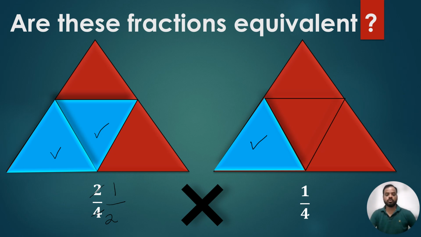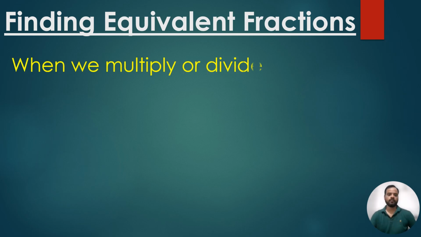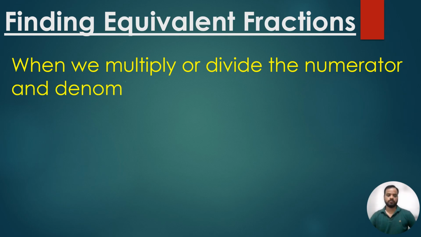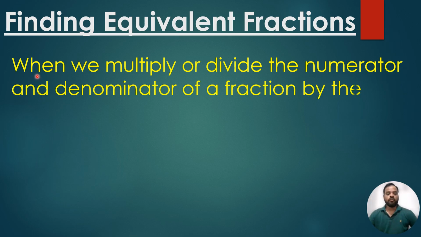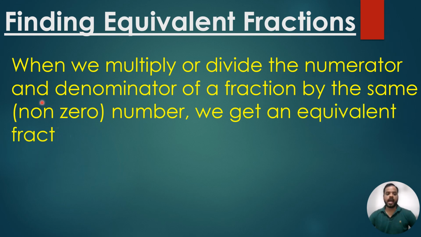Now let us go through the next question: finding equivalent fractions. When we multiply or divide the numerator and denominator of a fraction by the same number, we get an equivalent fraction. Let me say it again.